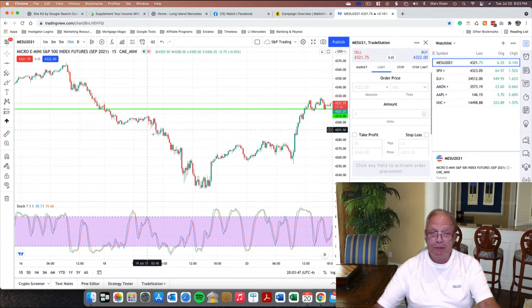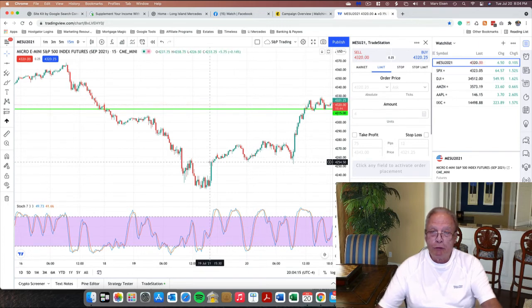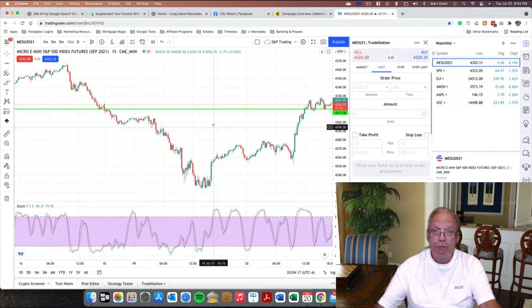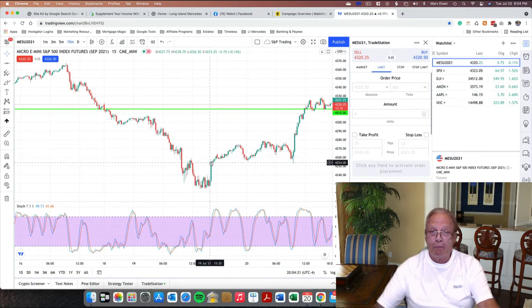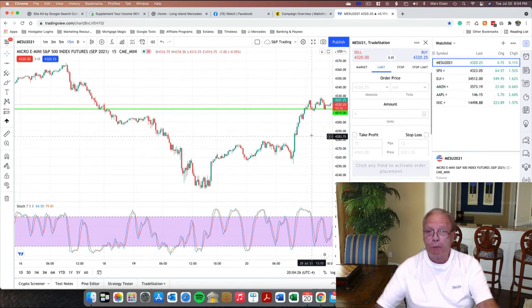This was the 16th. This was the opening on the 19th. And the gap did not close. So we had all this distance from 42.55 up to 43.13, about 70 points to cover.